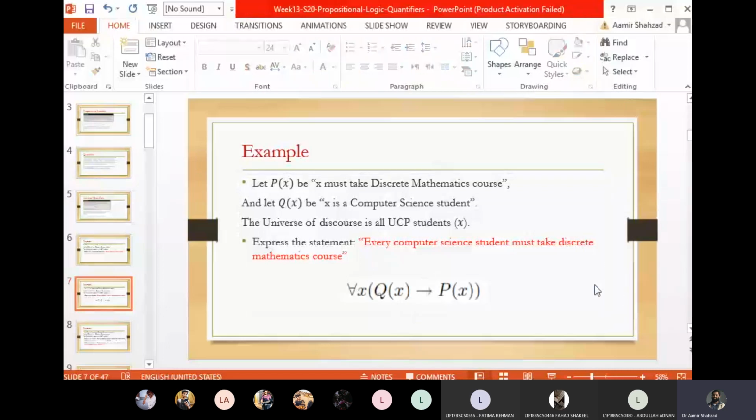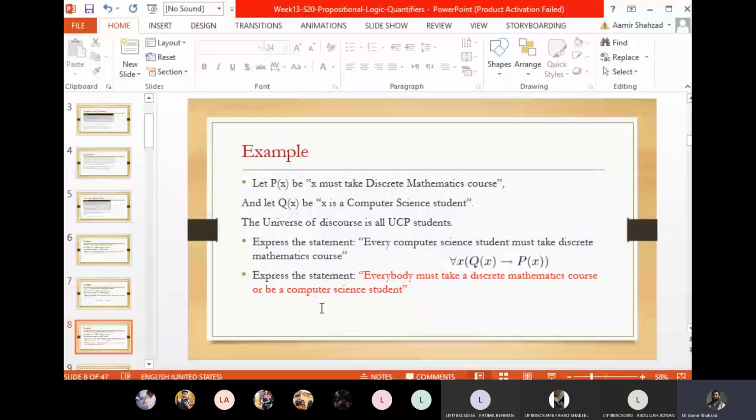Let's do another example. The next example: everybody means every student. Every student must take a discrete math course or he must be a computer science student. So everybody means for all x, he must take the discrete math course.